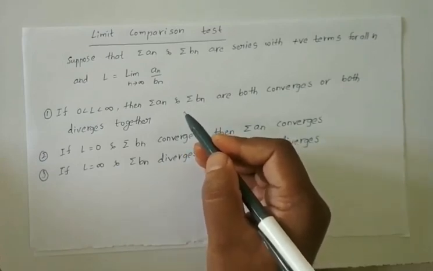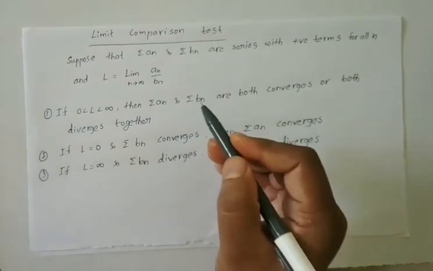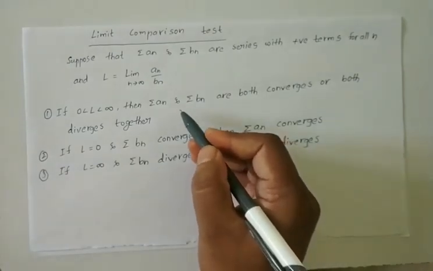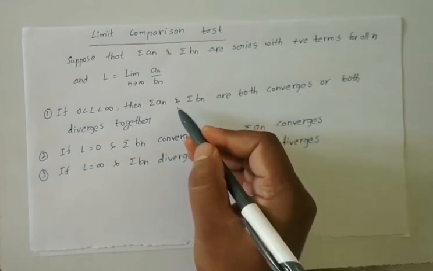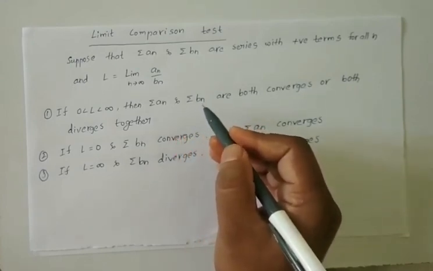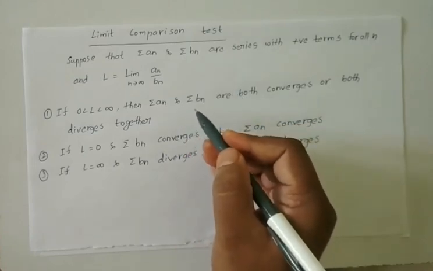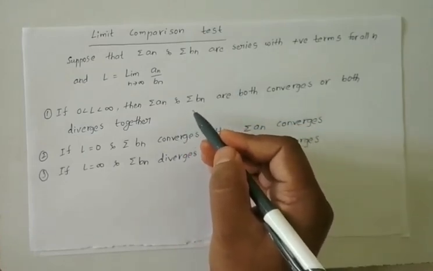That means if L is not equal to 0 and L is a finite number, then we will say that either both the series summation an and summation bn are convergent, or both are divergent together.